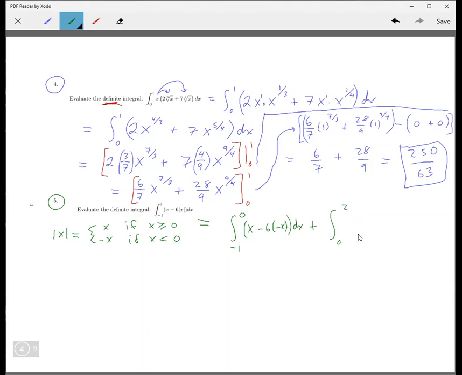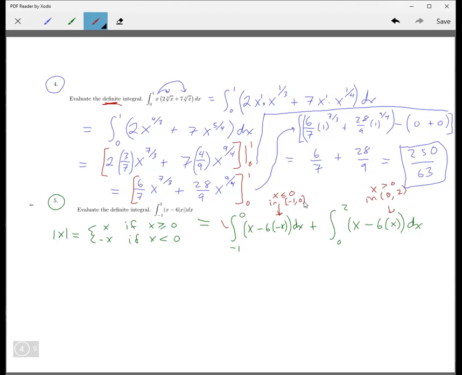So you get that. Over here, x is positive. Between 0 and 2, x is positive. So you replace this with an x. Okay? So let me make a note of that. x is negative in -1 to 0, x is positive in 0 to 2.